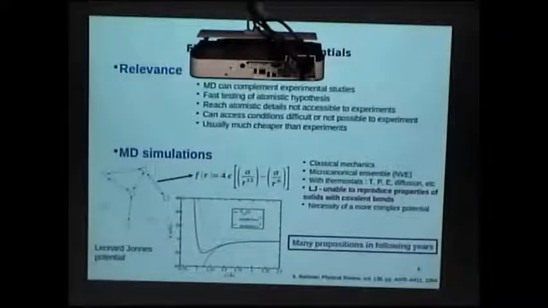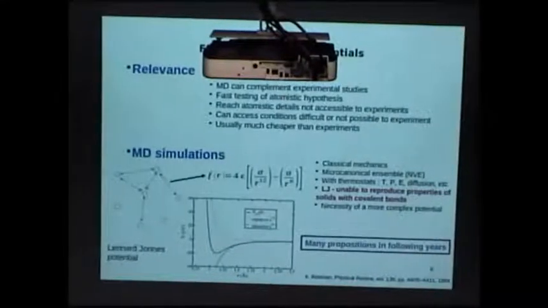They noted that it was easy to set up a microcanonical ensemble for the simulations. Later, after the definition of thermostats, people were able to control temperature and pressure, to study diffusion very well, and so on.